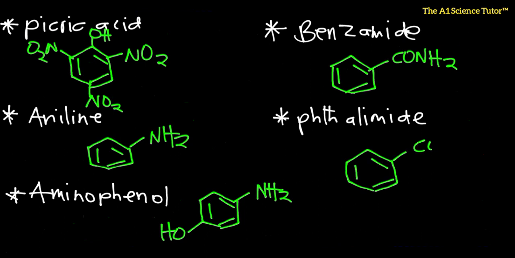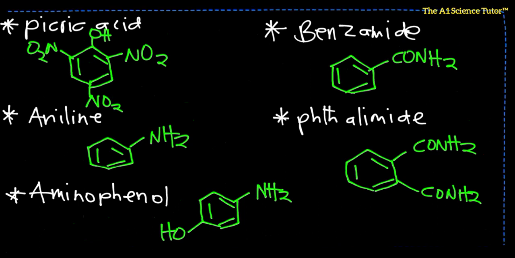So you're going to have one imide group here and another over here. So that's typically the structure of phthalimide. How about these ones? Try to draw the structures of these ones.